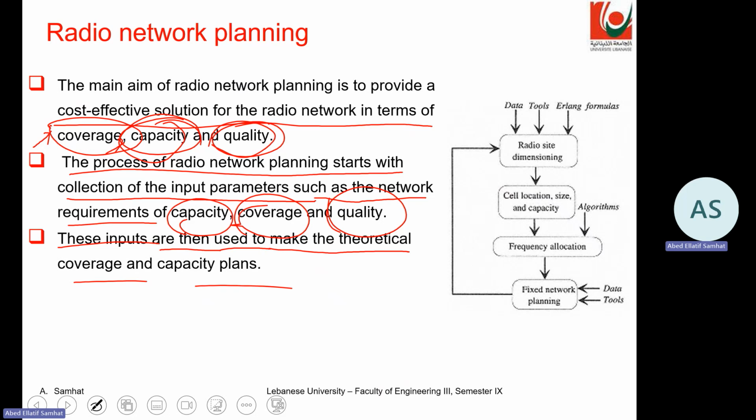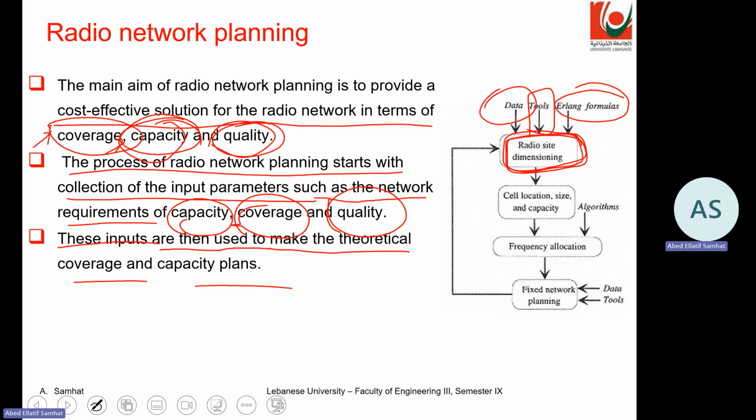So we should have some information about the number of users in this area, what services are used, and how much data will be used by those users. We need a specific tool to take into consideration the area and environment we are working with, and we can use the Erlang formula, which we will see, to make the radio site dimensioning.